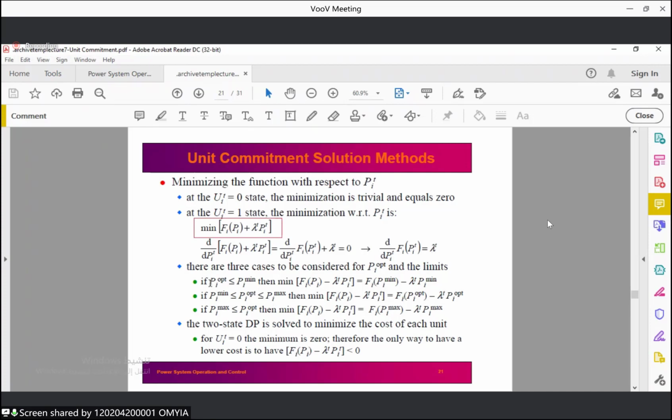Case 1, if Pi opt is less than or equal to Pi min, then here we will put Pi min. If Pi opt is more than or equal to Pi min and less than or equal to Pi max, here we will put Pi opt. The last case, if Pi max is less than or equal to Pi opt, then we will put Pi max.